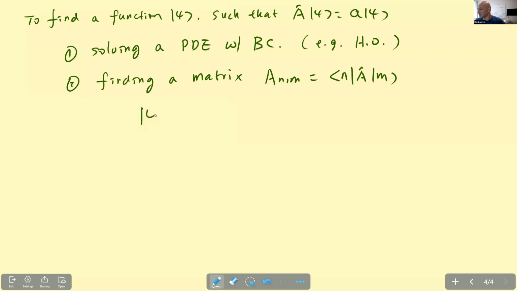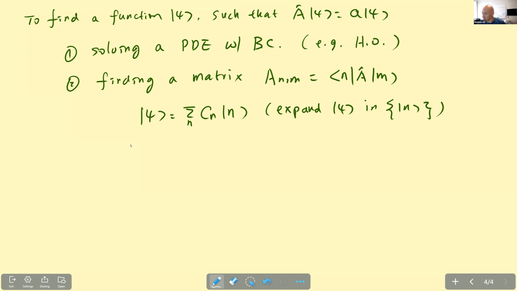So we write down the state ψ equals to summation of m, c_m, okay, expand ψ in the basis ψ_m, okay.